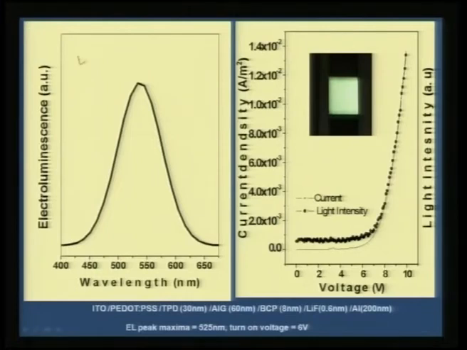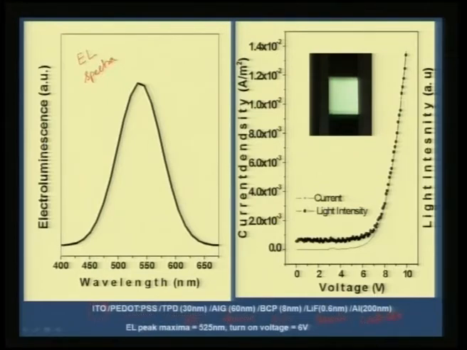Now, this is the electroluminescence data, EL spectra, of a device which you can make with ITO as your anode, then PEDOT:PSS as the buffer layer, TPD as your hole transport layer, and this is the emissive layer, and then you have the electron transport layer, and this is the barrier, and this is your cathode.